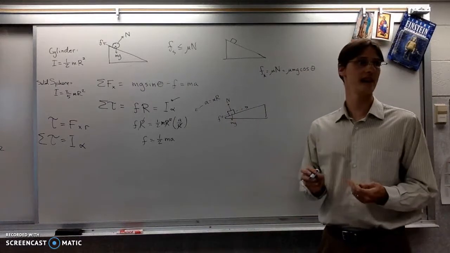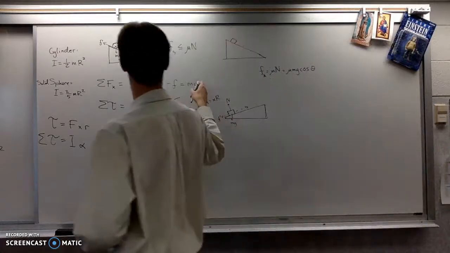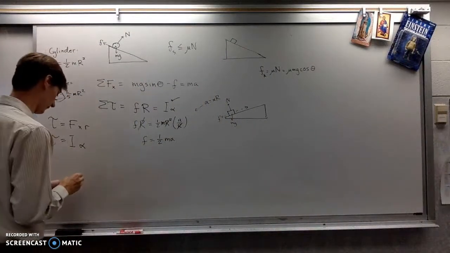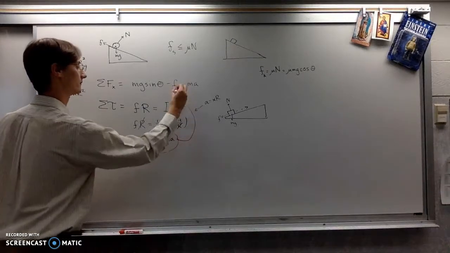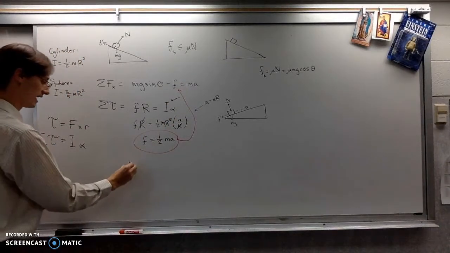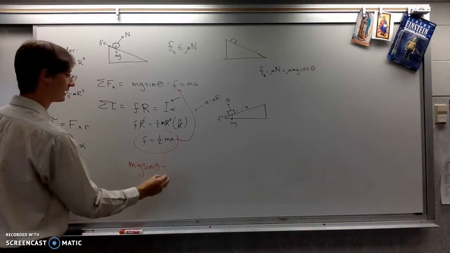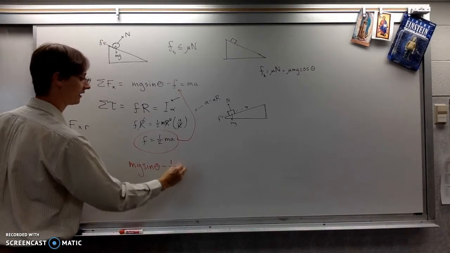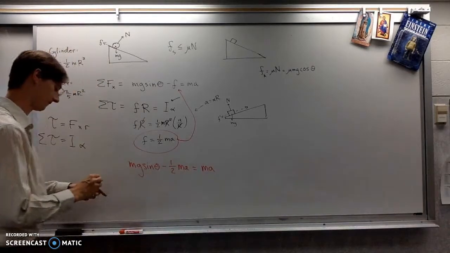What do I do with that now? Load it into your friction. So that means that equation is going to turn into mg sine theta minus 1/2 ma equals ma.